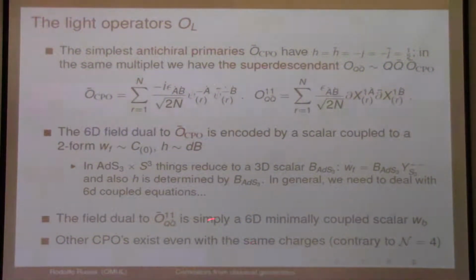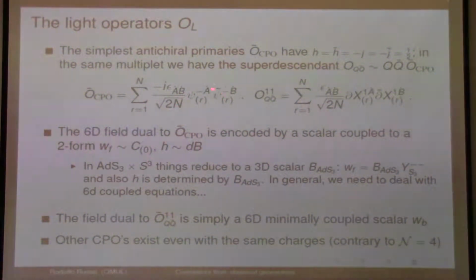And another, okay, there are many things you see that are very parallel with N=4. Maybe one annoying feature that is different from N=4, so let me mention that, is that in N=4, if you fix the charges of a half BPS local operator, then basically you fix it. So you have just one multiplet of dimension 2, trace phi I phi J. This is not the case in this theory.